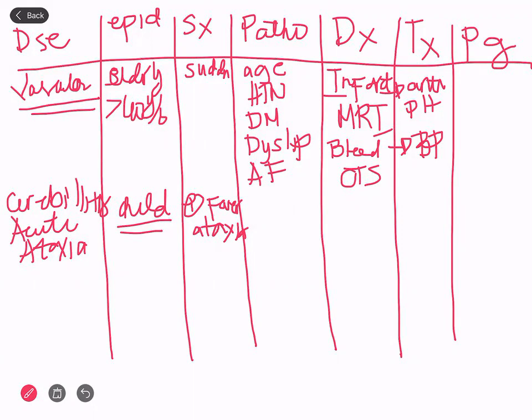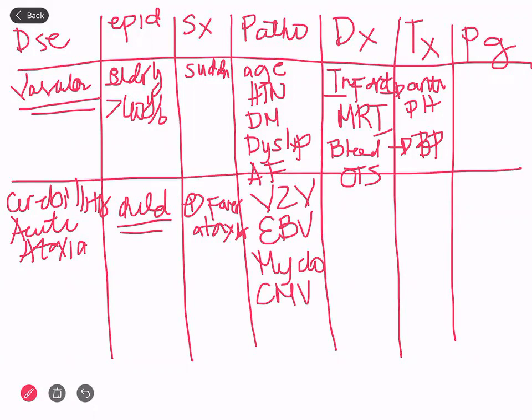For the pathology, the most common viruses are varicella zoster virus, Epstein-Barr virus, your kissing disease, mycoplasma, and cytomegalovirus. These are the different microorganisms implicated in patients with cerebellitis.